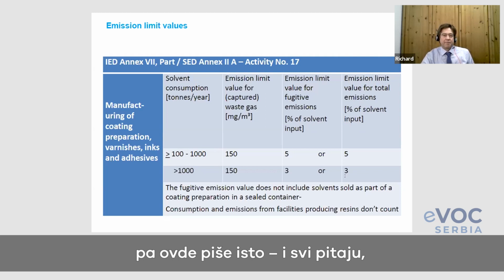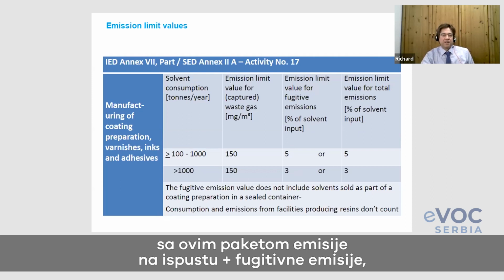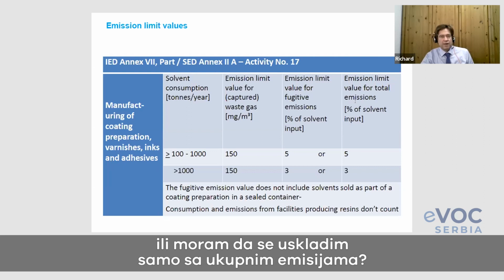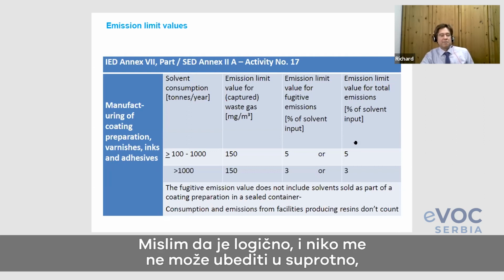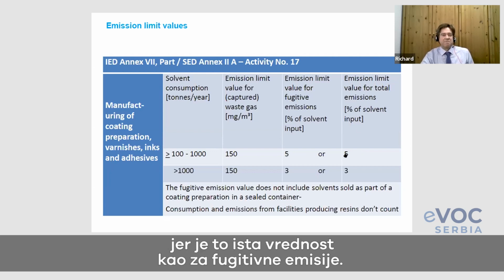it's written the same. So everybody is asking if I can decide if I want to be in compliance with this package of stack emissions plus fugitive emissions, or if I have only to comply with total emissions. I think it's somehow logical, and nobody could convince me otherwise, that all operators decide on the total emission limit value, because it's the same value for the fugitive emission.